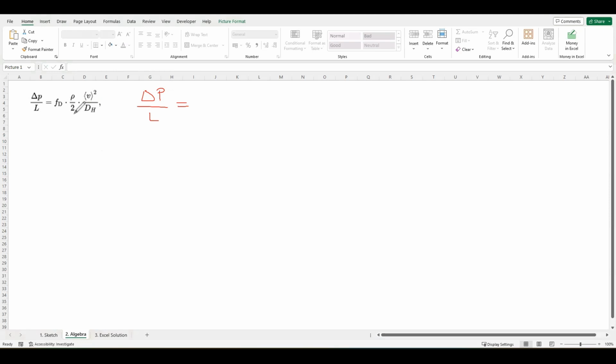I'm going to keep the factor of a half with them as well, so rho v squared over 2. Then we're going to expand some brackets, and we're also going to move that L onto the other side as we do this. So essentially what we end up with is something that looks like this.